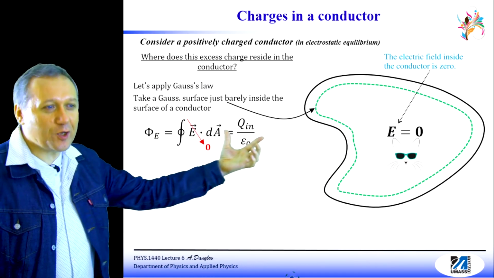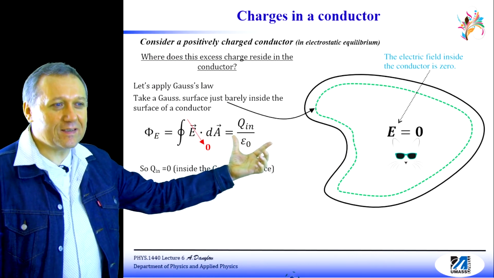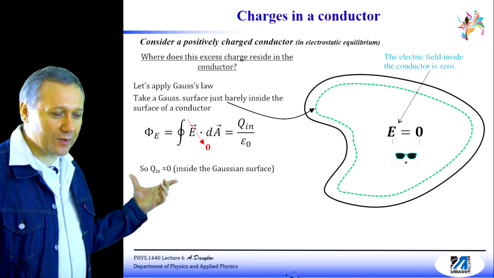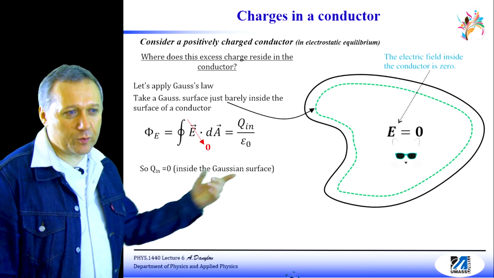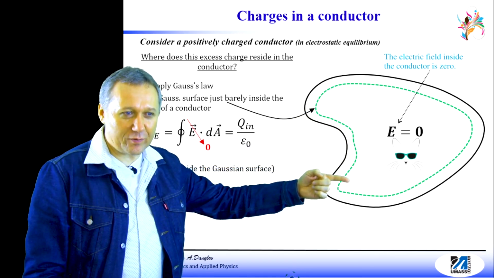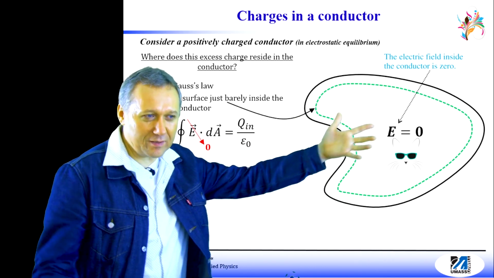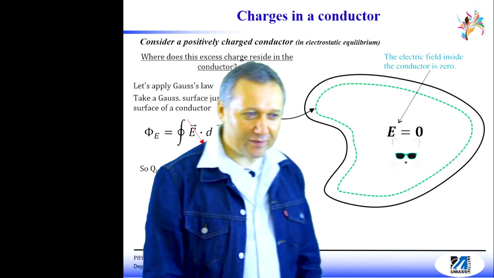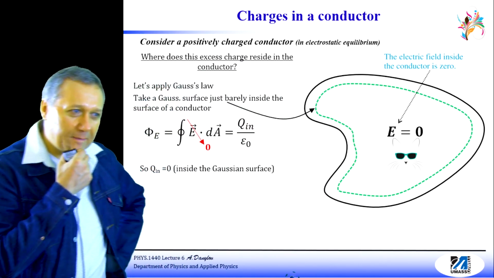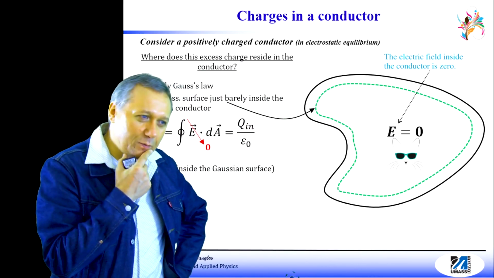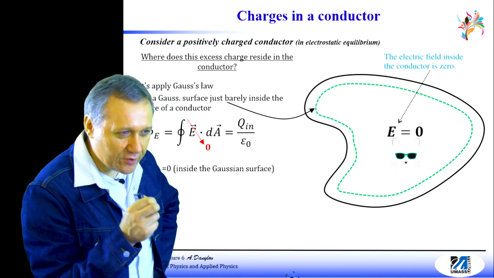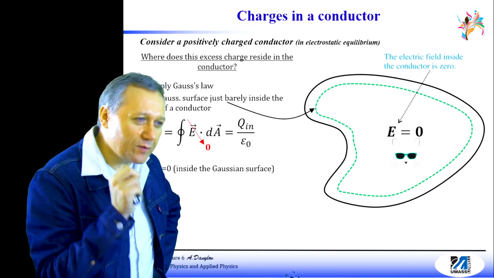So it means that Q enclosed is zero. Again, what is the meaning of Q enclosed? It's the charge inside of our Gaussian surface. And inside of our Gaussian surface, it's the internal part of the conductor. So immediately we conclude that in electrostatic equilibrium, it's impossible for the excess charge to be inside of the conductor.